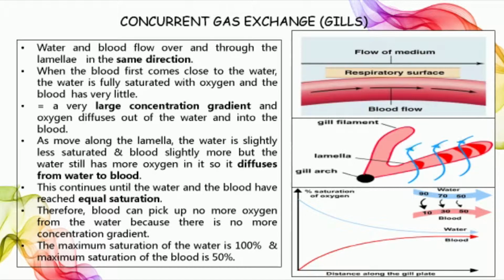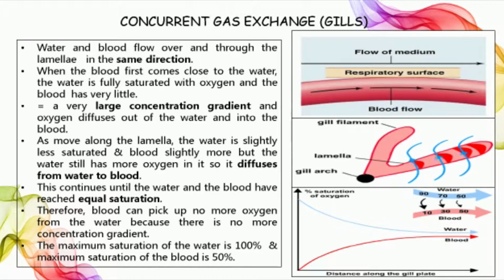This equals a very large concentration gradient, and oxygen diffuses out of the water and into the blood. As they move along the lamellae, the water is slightly less saturated and the blood slightly more, but the water still has more oxygen in it, so it diffuses from water to blood.